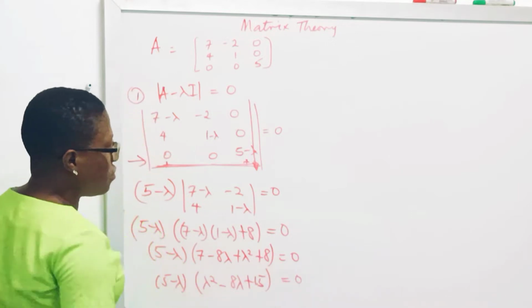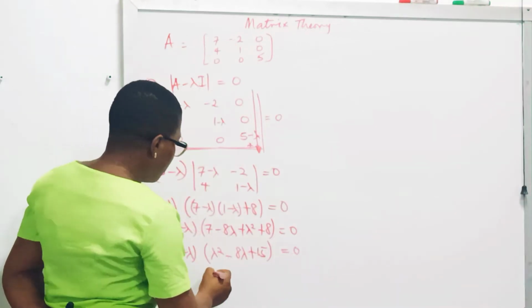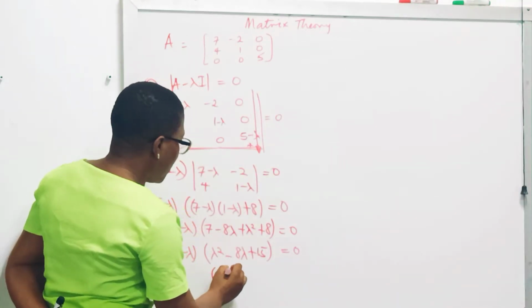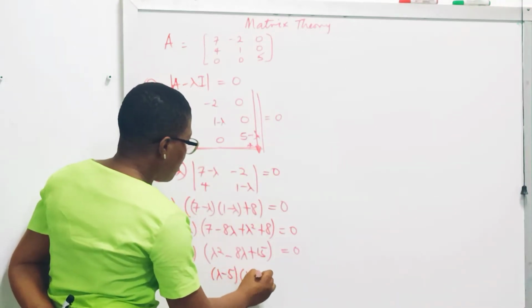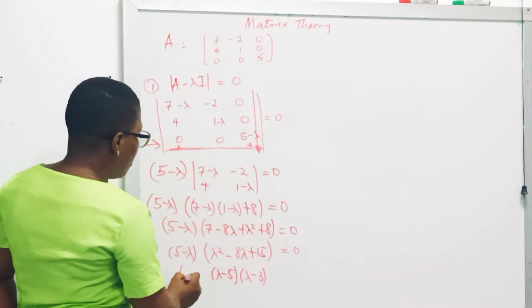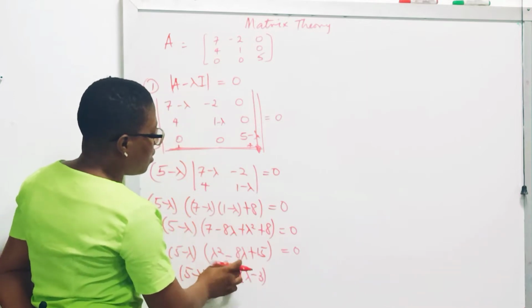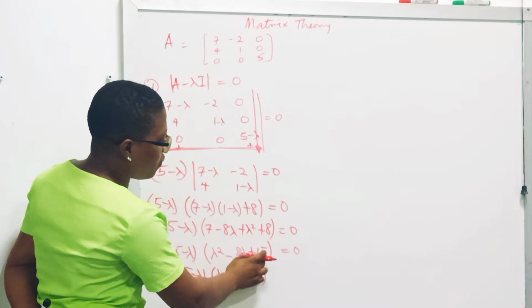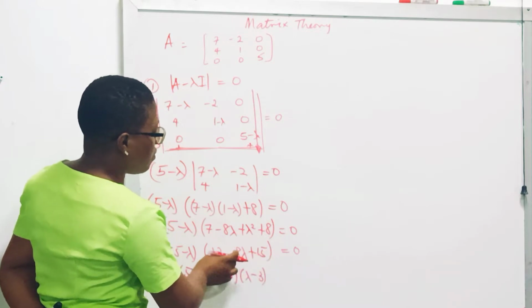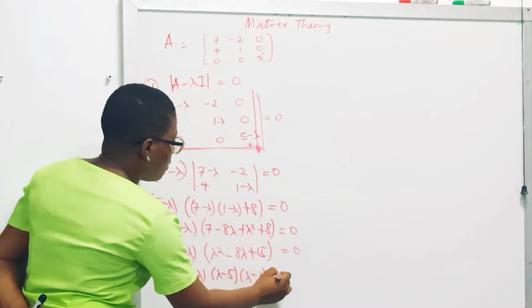This one factors as lambda minus 5 times lambda minus 3, because minus 3 times minus 5 is plus 15, and minus 5 plus minus 3 is minus 8.